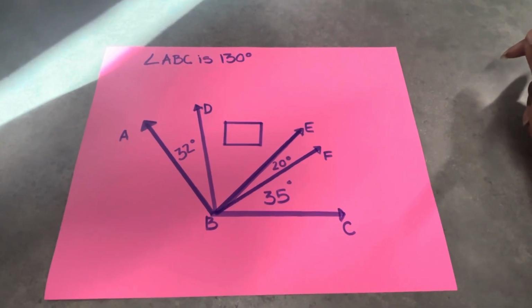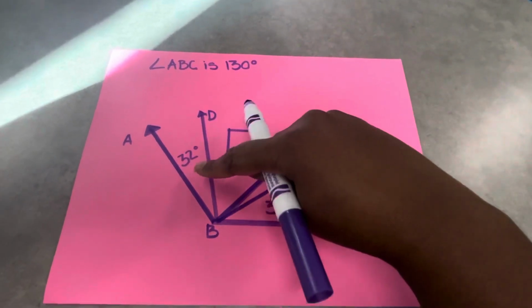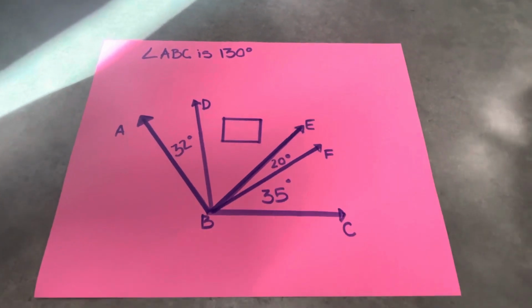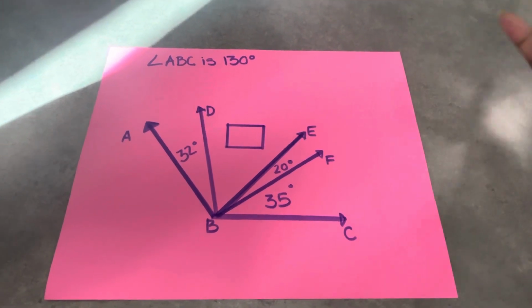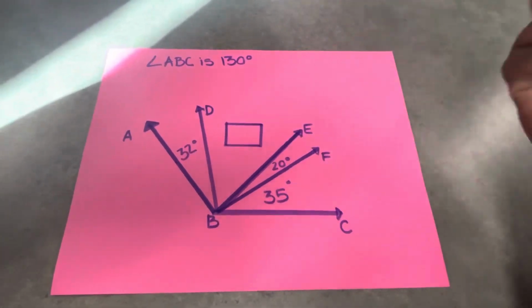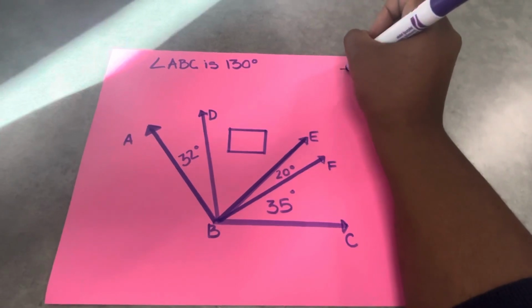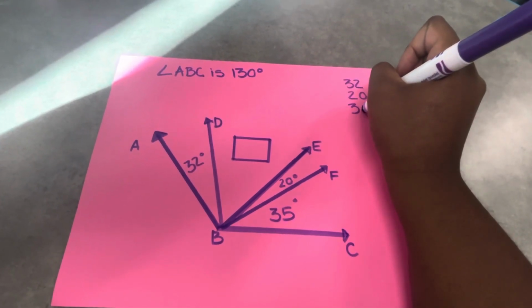What I do not know is angle DBE, so this space here. So let's think about it. What could I possibly do? I can take 130 and subtract all of these numbers, and what I should be left with is the measurement for angle DBE. Okay, what I'm going to do is figure out what these angles are together first. So I'm going to take 32, add it to 20, and also add that to 35.